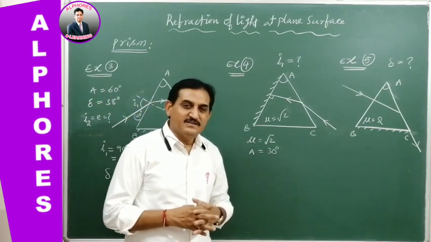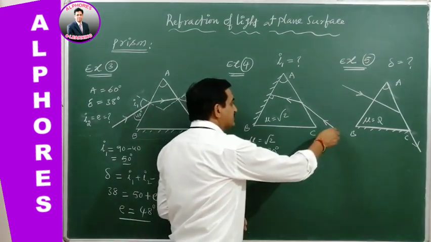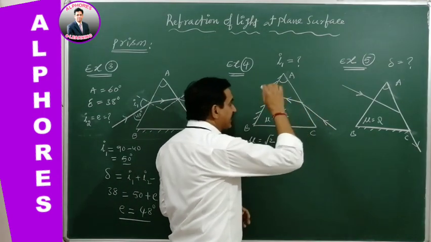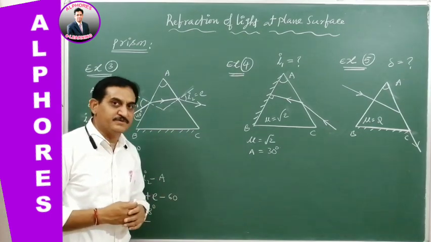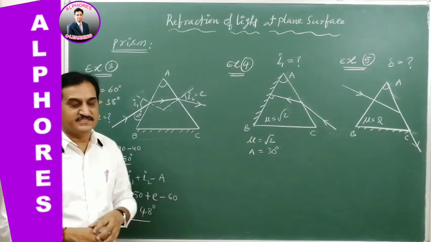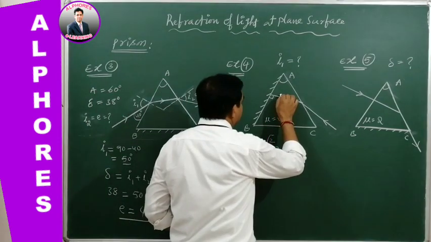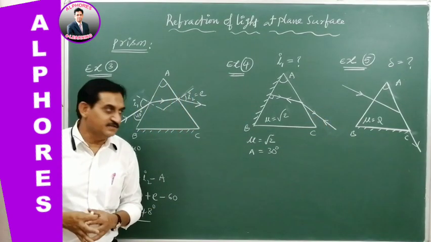Whenever it is silvered, it acts as a plane mirror. The ray is incident on the refracting surface AC, then on the plane mirror, that is the silvered surface, and after reflection it retraces the same path.